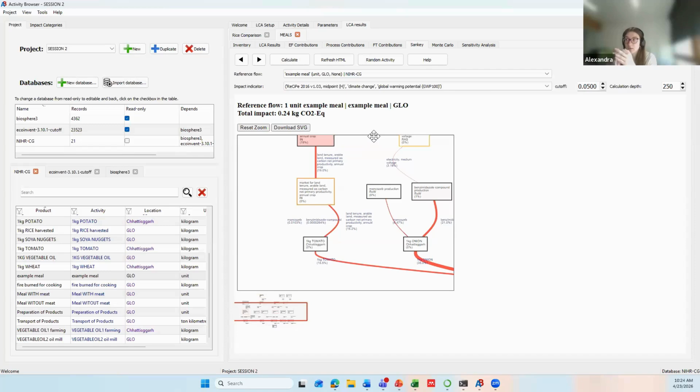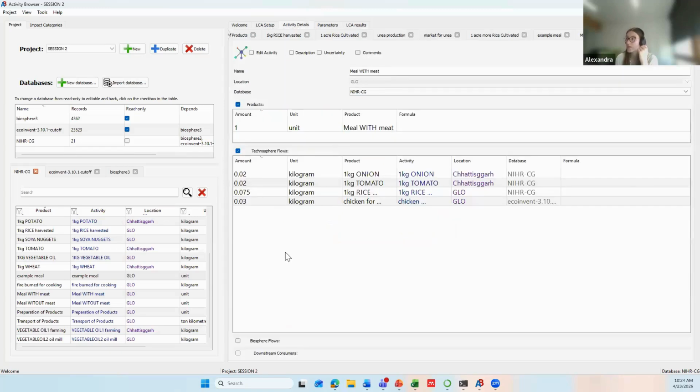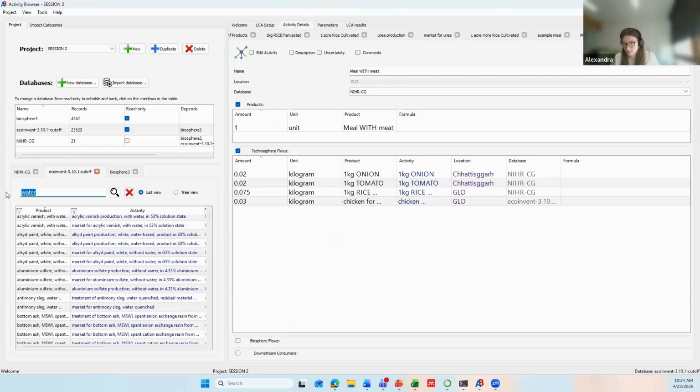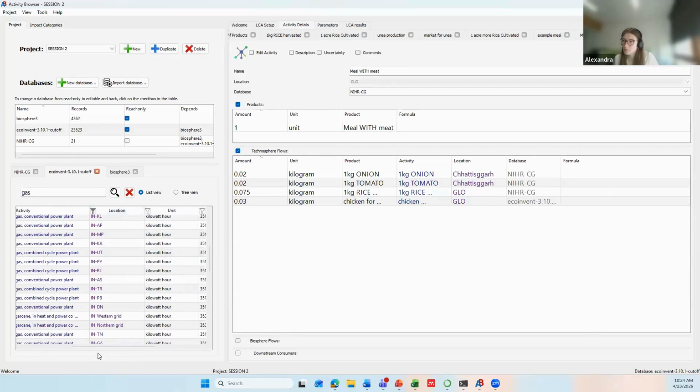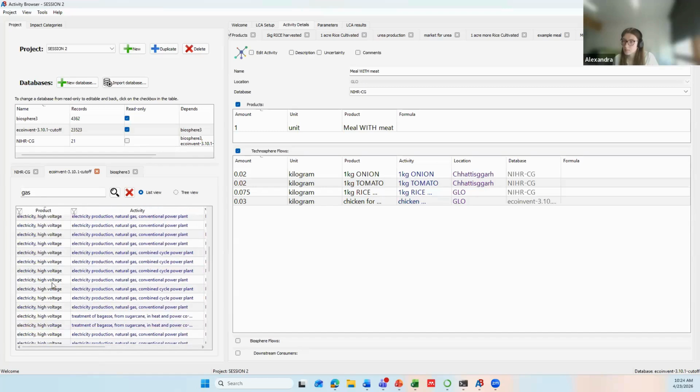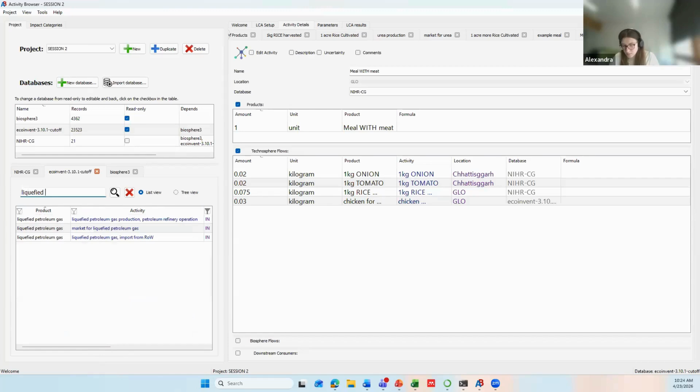To understand if cooking, here we did not include cooking, so we have to include it. So we'd go back to activity details. Let's compare the meal with meat. We'll make it with LPG. Okay, market for petroleum gas.